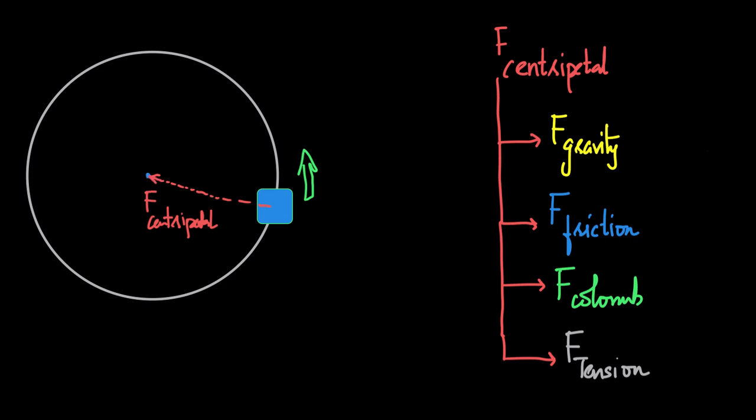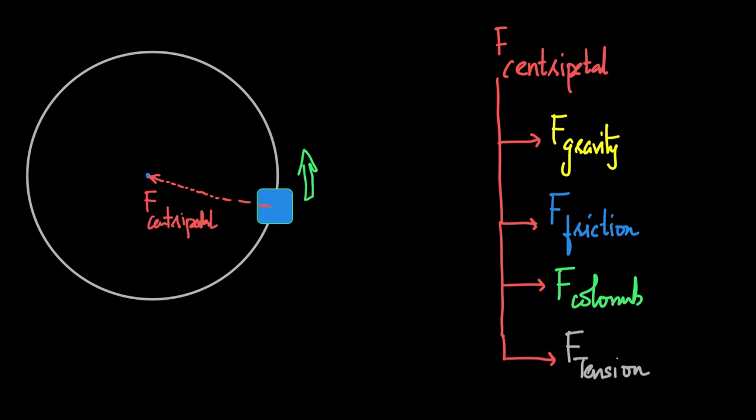In fact, it is this centripetal force which sustains the circular motion. Now, what is the centripetal force? Well, in practical terms, there is no force that is actually centripetal in nature. There are other forces which act as the centripetal force.